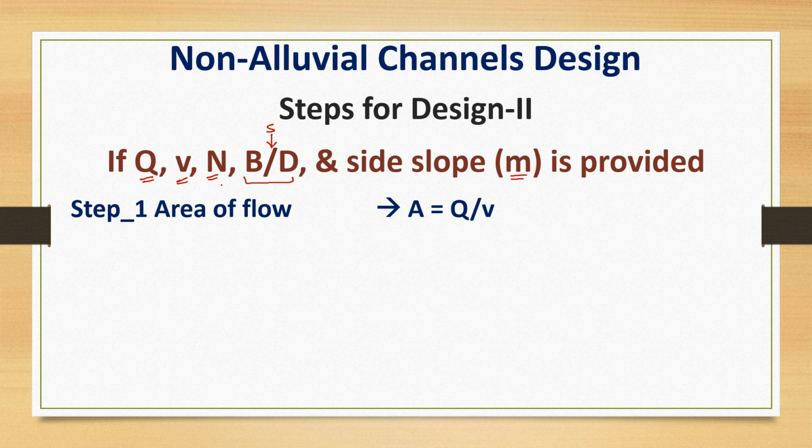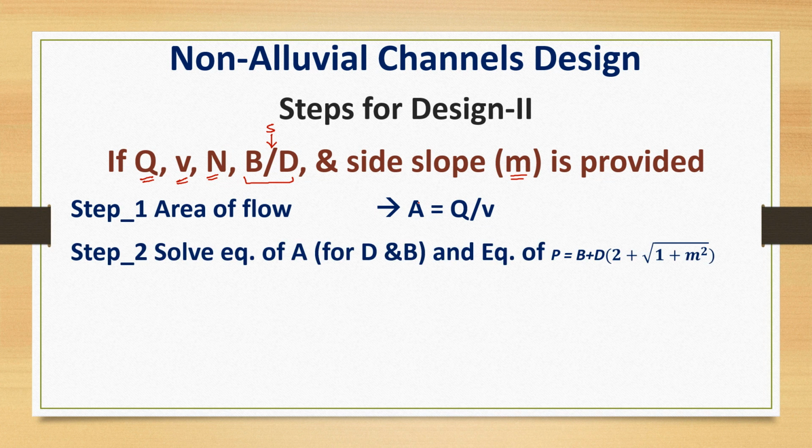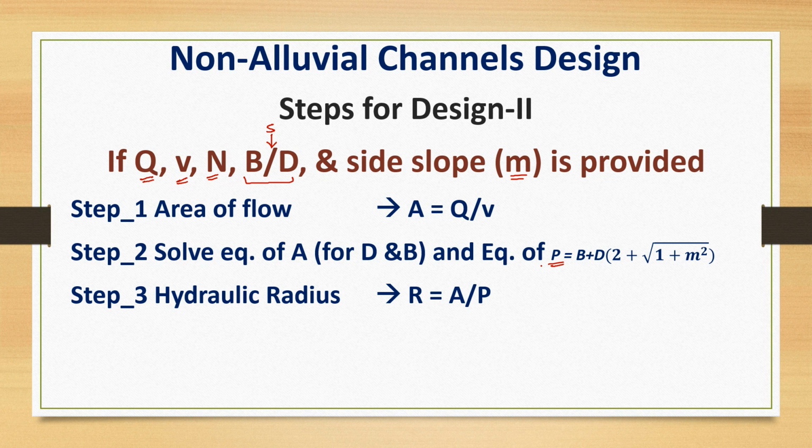So here you can see that, same as before, in step 1 we will determine the area of flow. The second step is somewhat different, because in that case we had to determine the hydraulic radius since S was given. Here S is not given, so we will not use the hydraulic radius as the second step, but the equation of wetted perimeter. And in the next step you will determine the hydraulic radius.